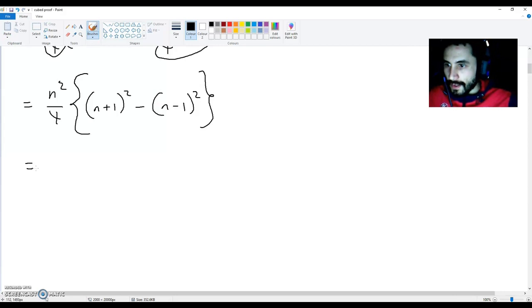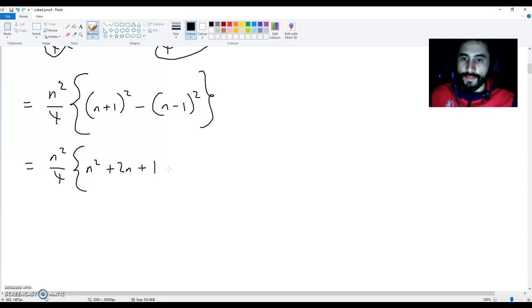Now let me just write down this. (n plus 1) squared is equal to n squared plus 2n plus 1. Okay, and we are subtracting this, and this is equal to n squared minus 2n plus 1.